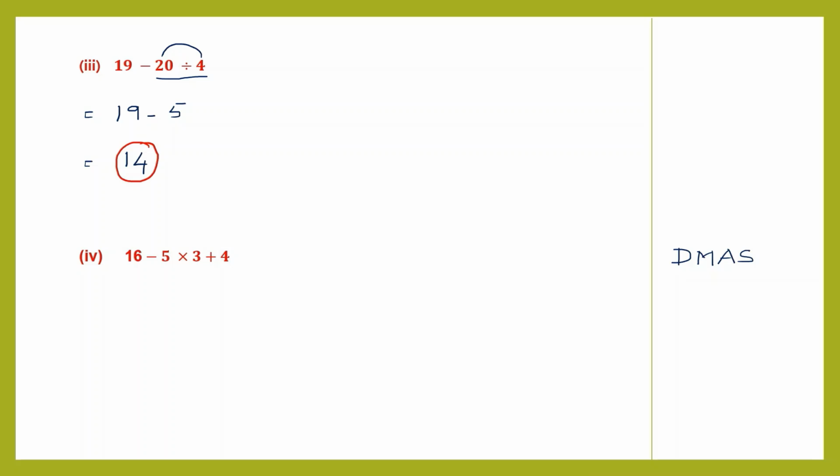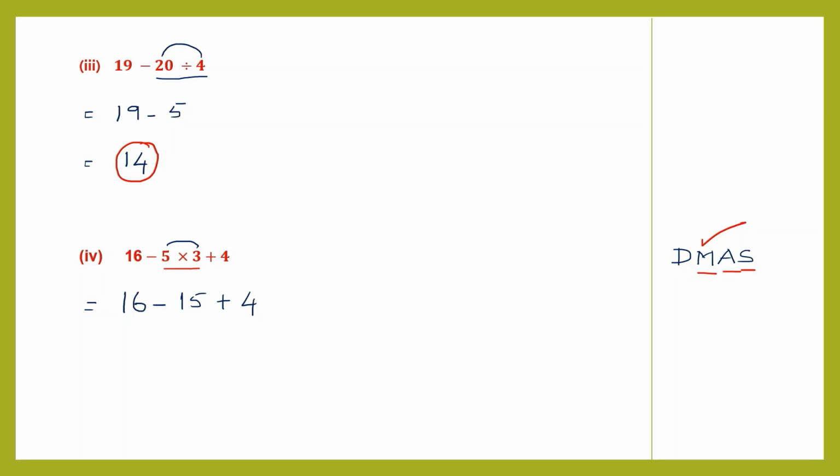So let's mark it here, subtraction. Then we have multiplication and then we have addition. So according to BODMAS, we have to do multiplication first. That means we need to multiply 5 into 3. So let's do that. So this is 16 minus 5 3s are 15 plus 4.